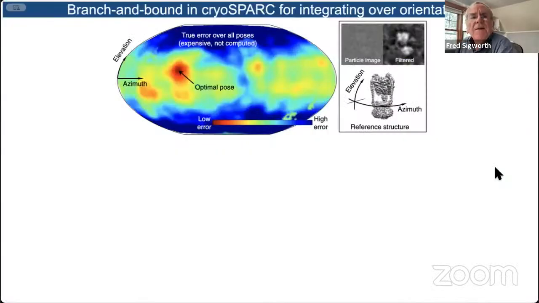So here's a picture from Punjani's cryoSPARC paper. This is what one would do as far as finding the best orientation over all values of the tilt and the spin on the axis of the particle.